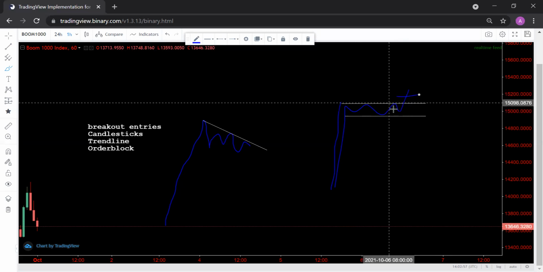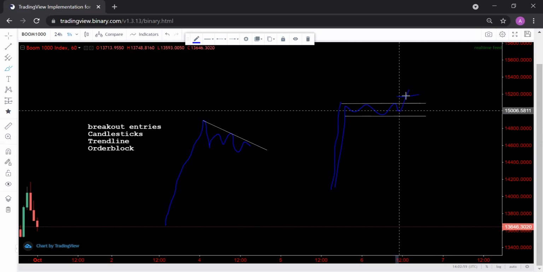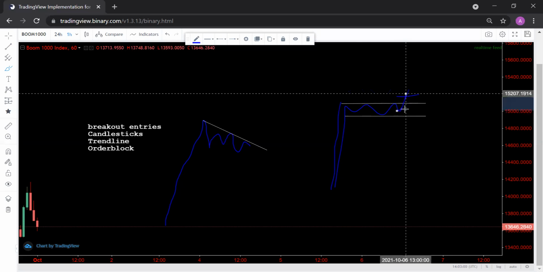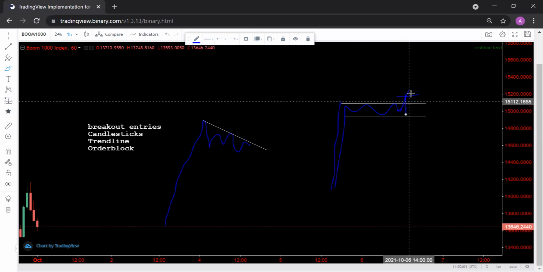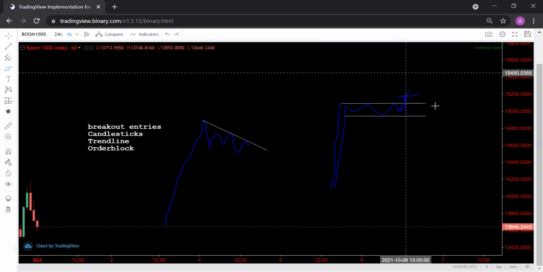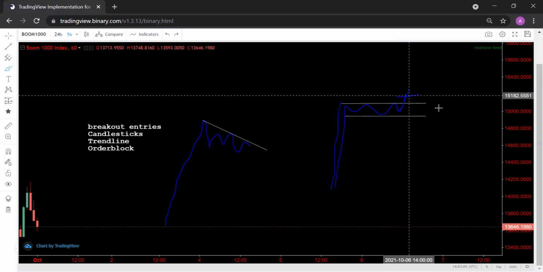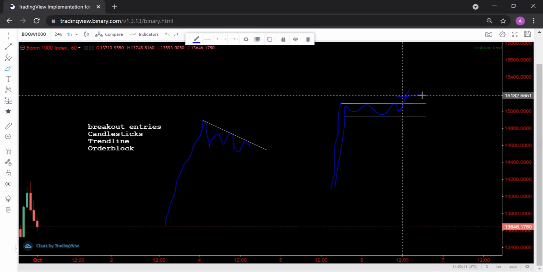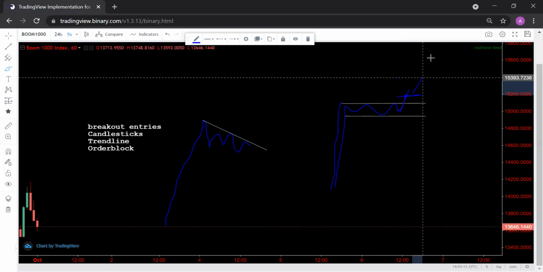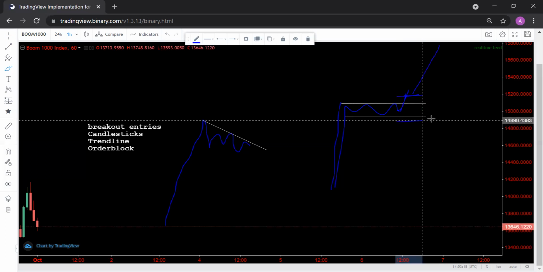Most times the candle can just go up, and if you're not patient enough to wait for the close, it can sell back, forming a wick above. So it is safer. That is just how to treat it, guys. Wait for the close of the candlestick. Once the candlestick closes above it, you can take your entry here for the buy, and stop loss here.